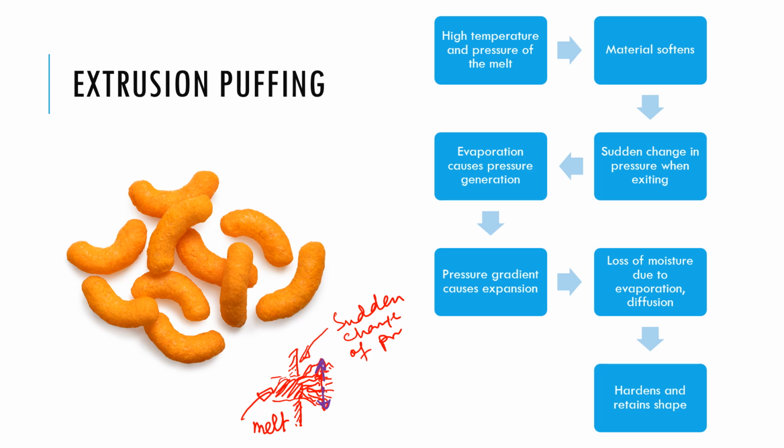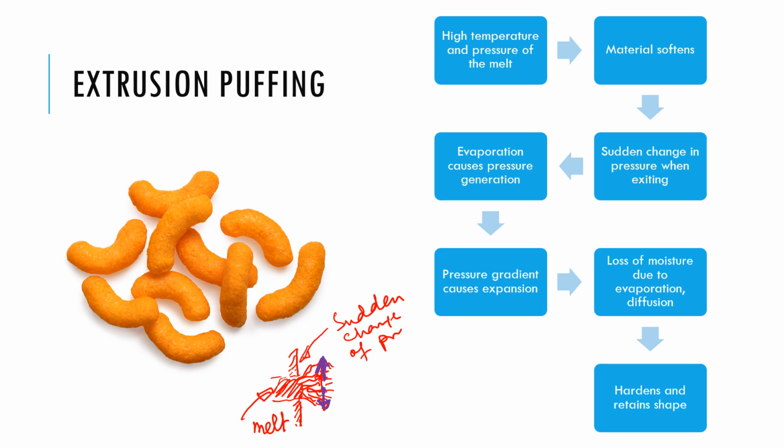So again, how does it relate to rice puffing? So there's a large pressure gradient as it just comes out of the extruder when the material is still soft. Remember, in rice also we had this large pressure gradient formed when the material was soft.